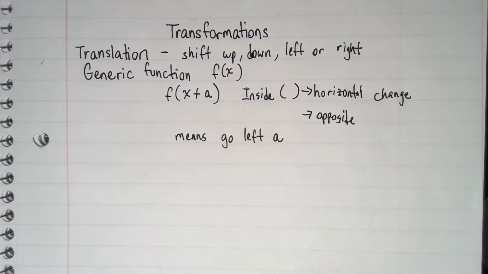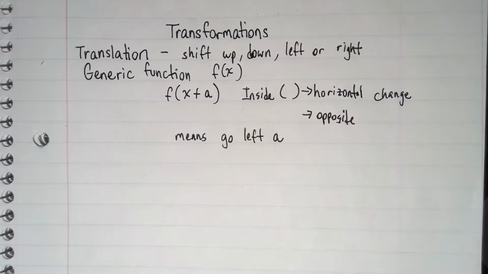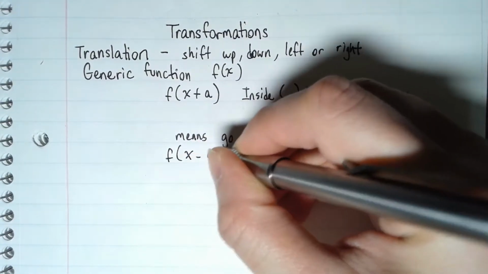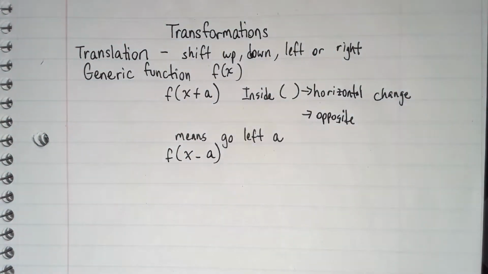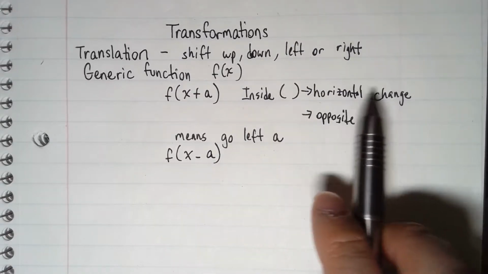So once again, if you're inside the parentheses, it's a horizontal change, which means left or right. And you have to think of the opposite. Adding typically means right, but actually go to the left, the opposite. So if you see a subtraction inside the parentheses, once again, it's a horizontal change.